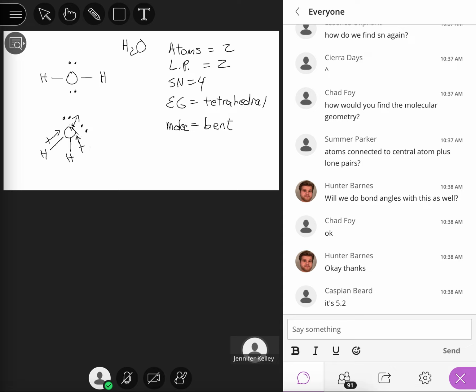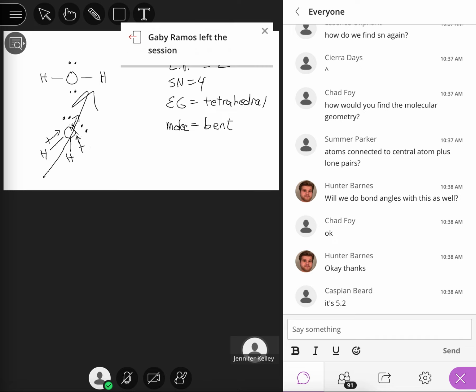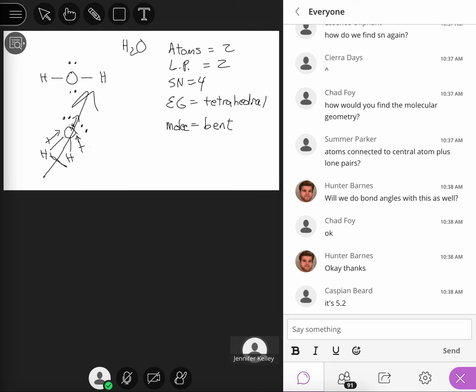So overall, you have this dipole moment that goes straight up through the molecule. Now here's the shortcut, and this almost always works. We're going to go around the molecule and see if everything's the same, just like we did in the last one. Hydrogen, something different. It's polar.